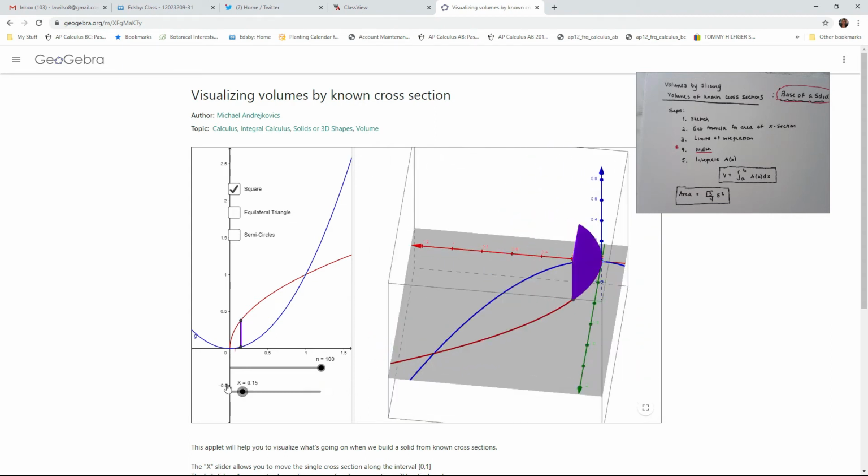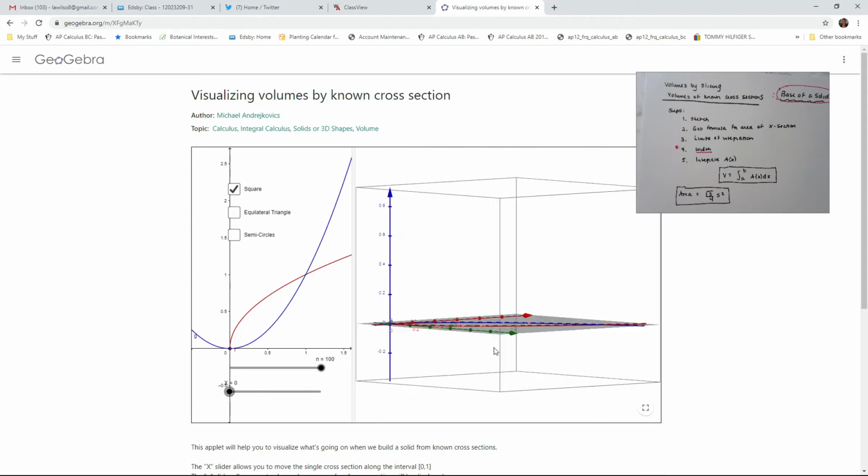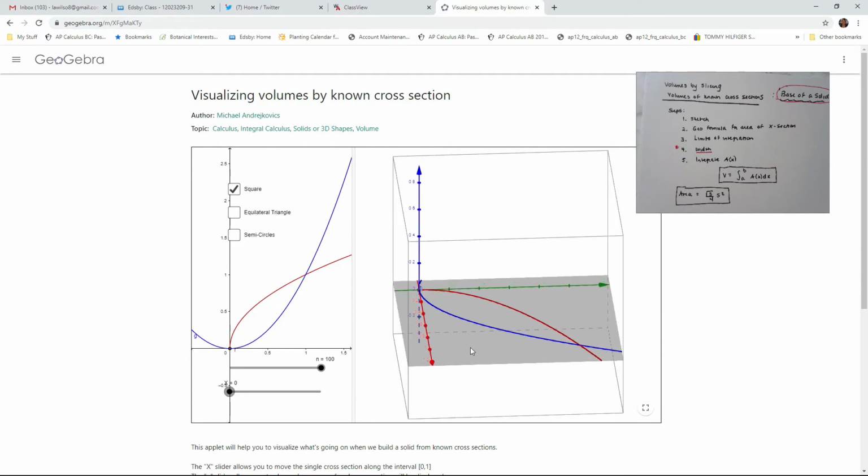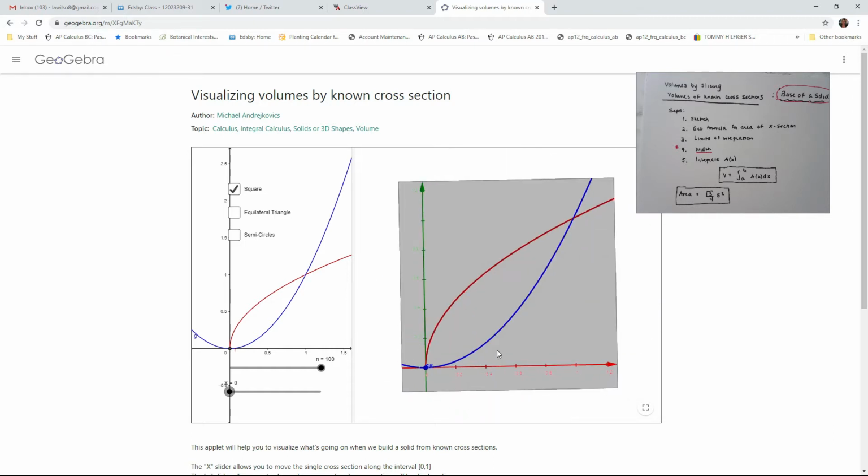If we remove these, go back here, these squares here, and the idea is that here's the x-axis. Let me just put 1 bar in there and change this to 1. So I'm going to put it here. This means I'm slicing perpendicular to the x-axis.